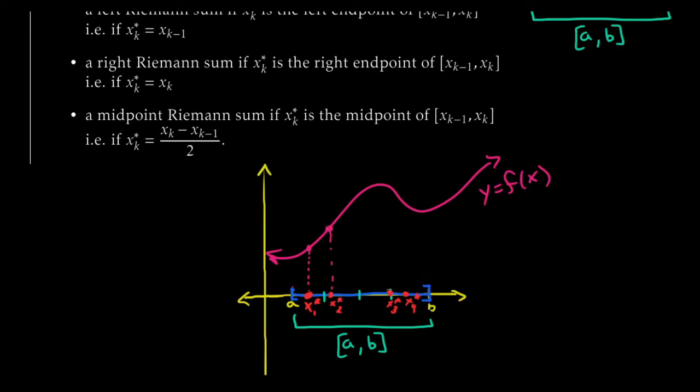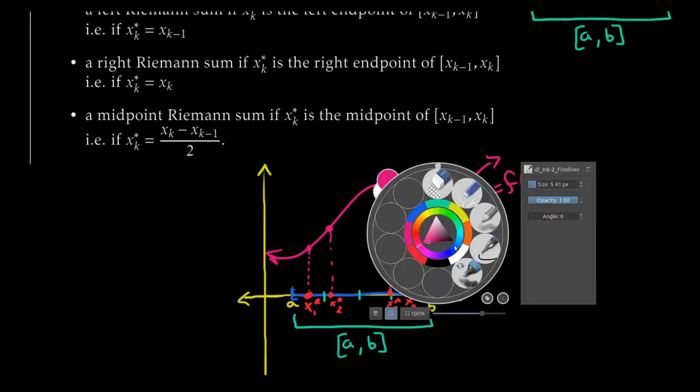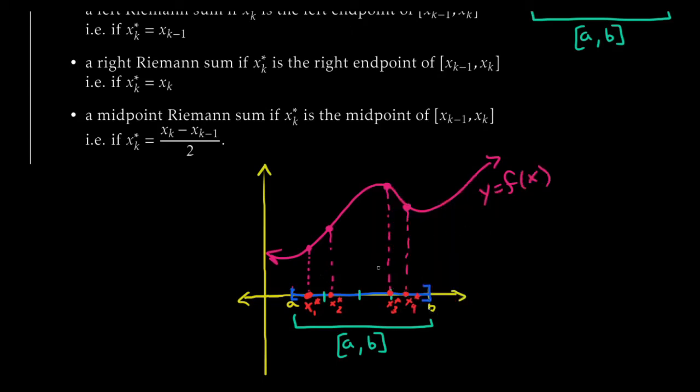Here's what I'm measuring. So before, as we talked about, what we needed was a way to select the heights. That's what the xk stars are doing. So when I'm grabbing each of these little boxes, I need a height. That's what this is giving me. And then I just fill it in. So this guy's going to have that height.